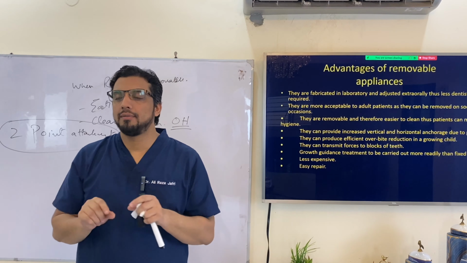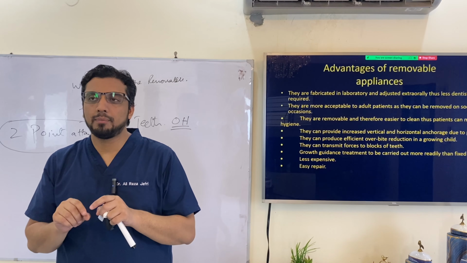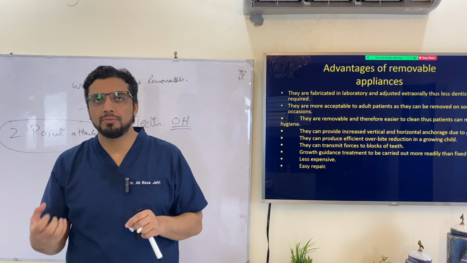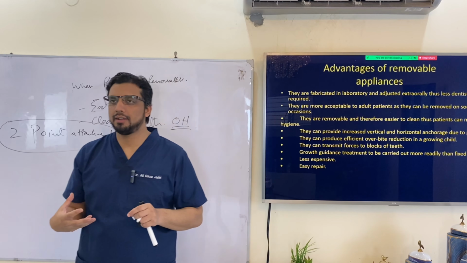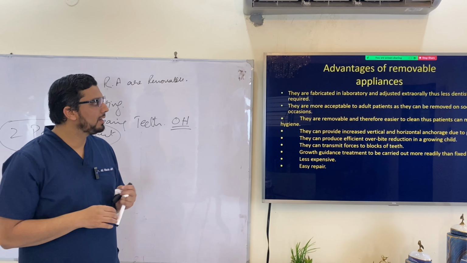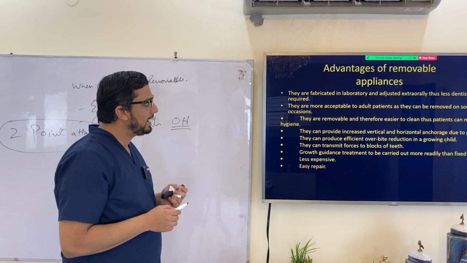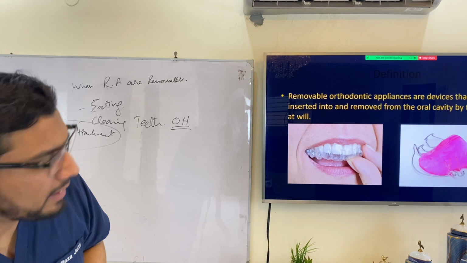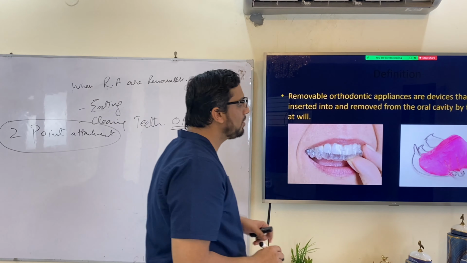Base plate is the acrylic part, and this acrylic part embeds all the active components, meaning the labial bow, and all the active and retentive components are embedded and supported with the help of the base plate. What is the base plate? This is basically the base plate, which you can see over here.